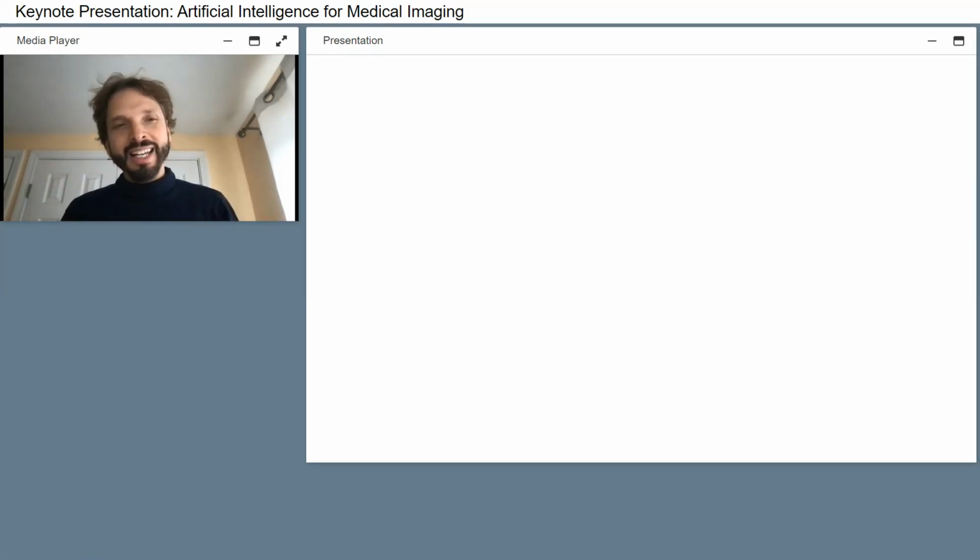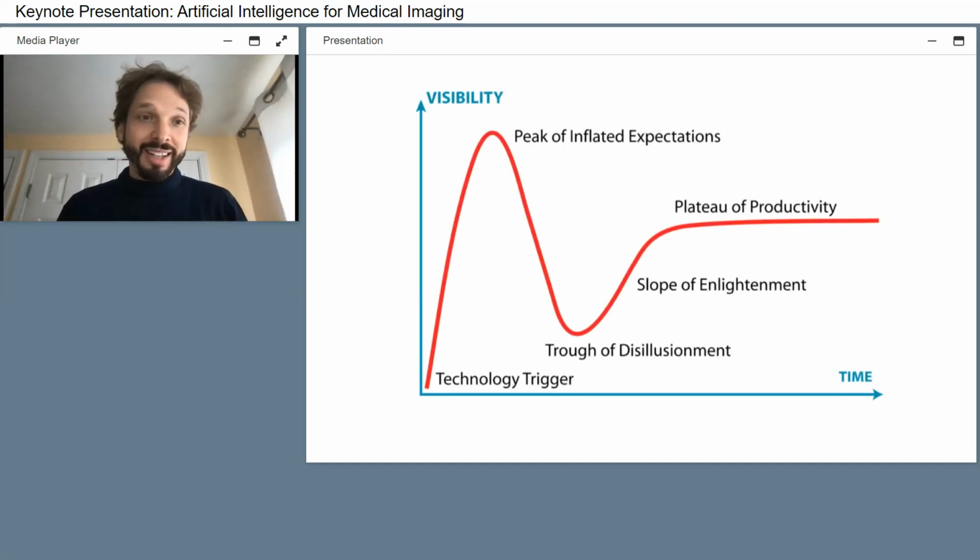What is really interesting to me is that this field, again, is following very nicely this Gartner hype cycle. About 10 years ago, there was this technology trigger, it was even longer for deep learning, right? And what happened afterwards was really amazing to see. These big conferences, everything was about AI and how AI will revolutionize everything.